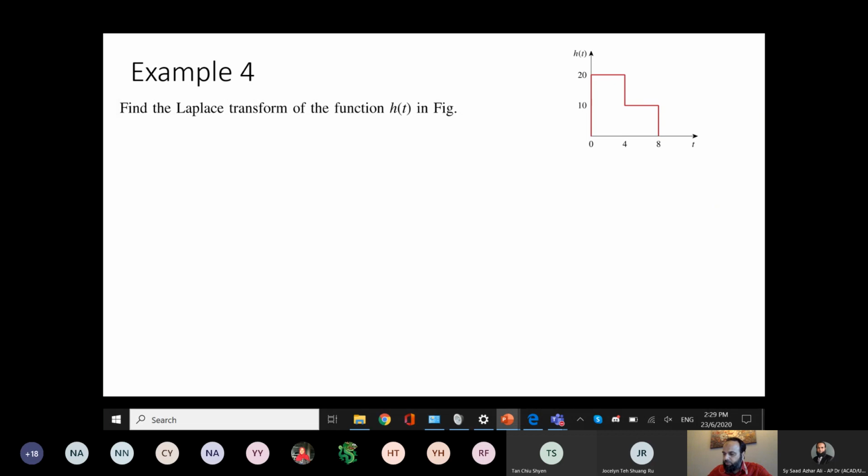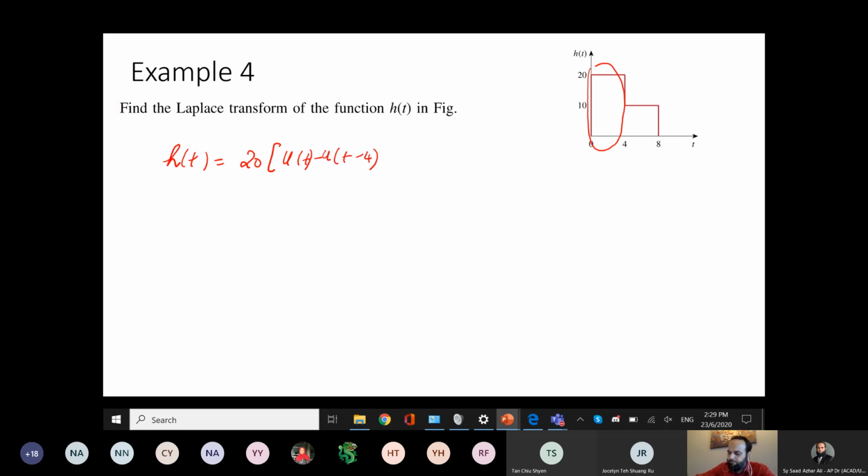All right, example 4, very similar. So I believe some of you can easily do it with me as well. So we can say this h of t is equal to, for this part, it's 20 between 0 and 4. So 20 times u of t minus u of t minus 4.